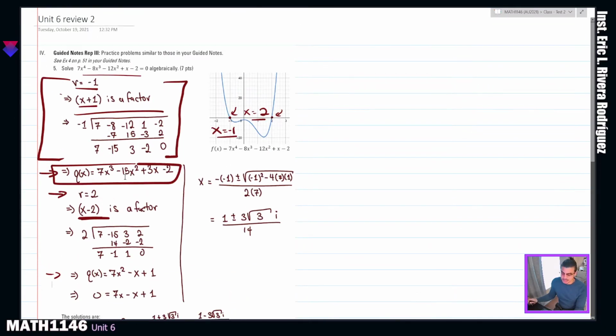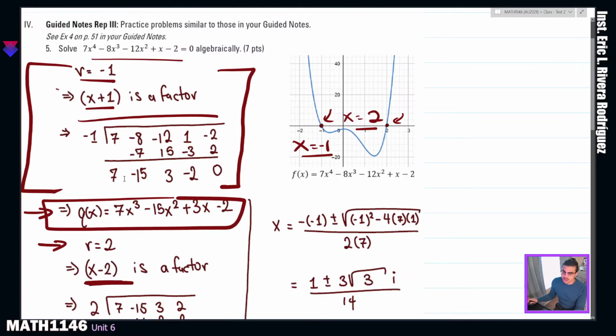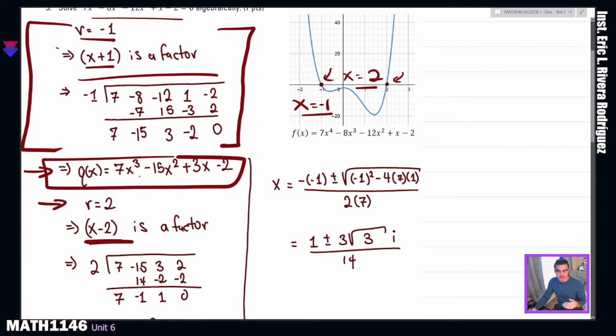Okay, so basically every time you do this step where you use synthetic division, you are taking away a linear factor that contains the 0 that you are using. What you need to take into consideration here is that you need to continue dividing. If you have a depressed equation that's still not a quadratic equation, that means that you need to do another synthetic division.